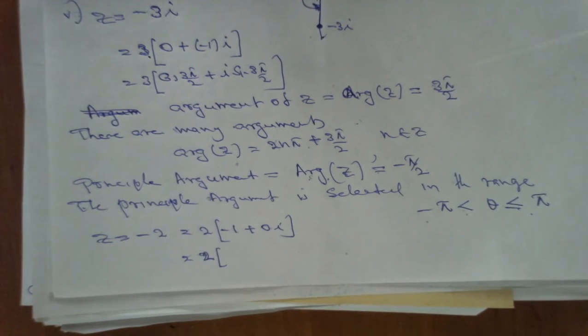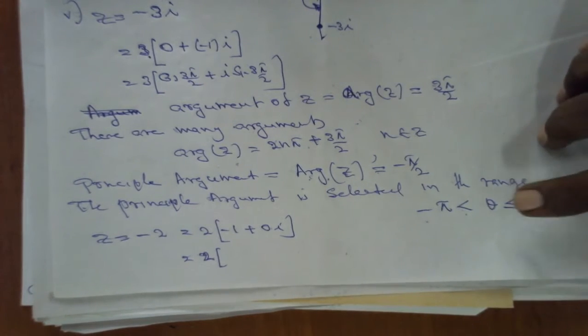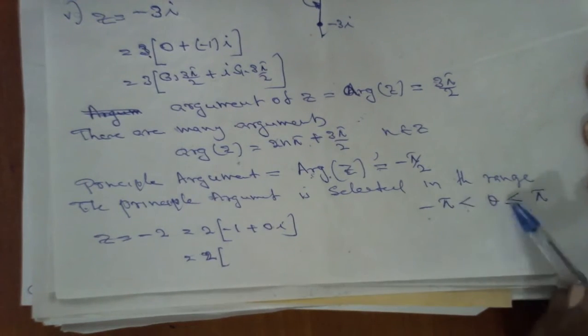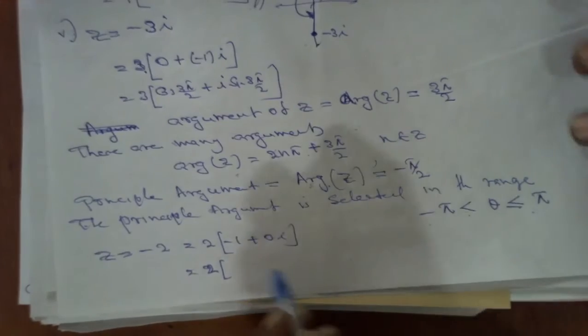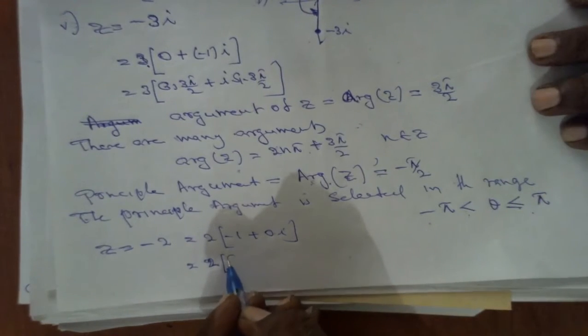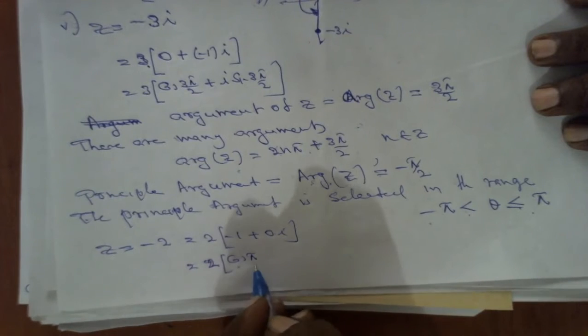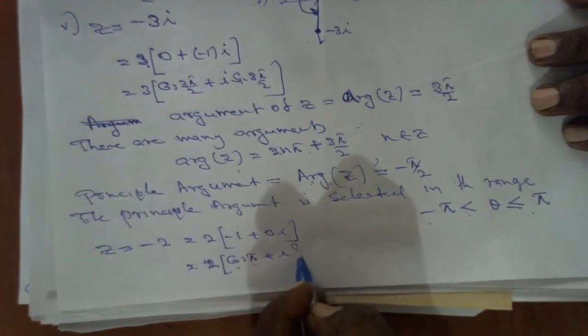Either plus pi or minus pi. Plus pi, sir. Minus pi you cannot take, since minus pi is not included in the principal range. Therefore, this equals 2 times cos pi plus i sin pi.